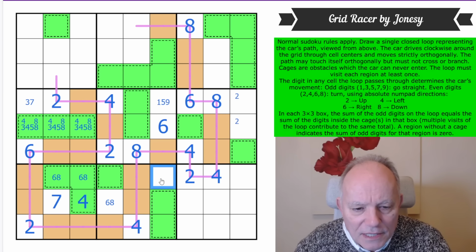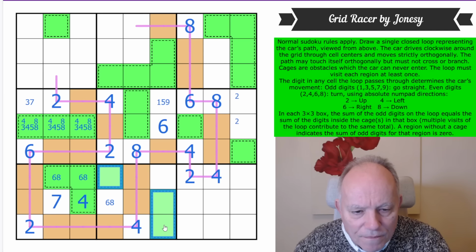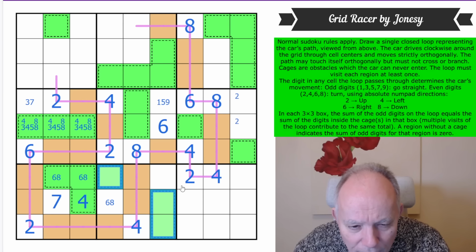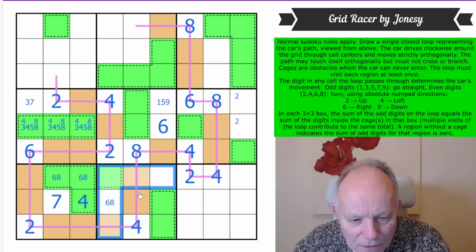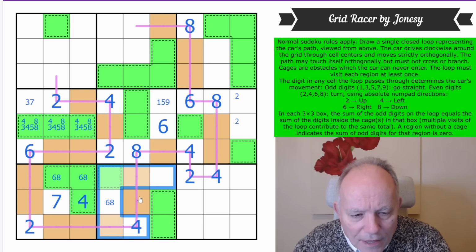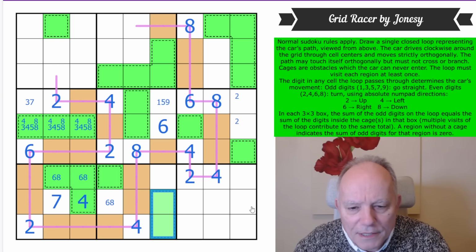6 or 8. This is going to be odd. These are going to include an even digit. And it's going to be 2 by sudoku. By sudoku, 2 can't be in those cells. And by the rule about what orange means, it is definitely in that pair. No, hang on, there were 2 even digits and 1 odd.